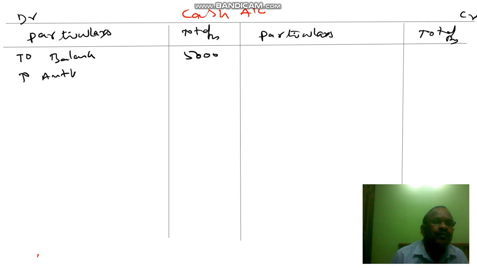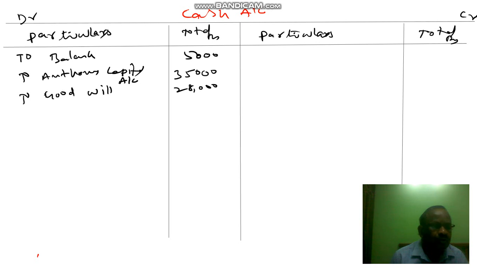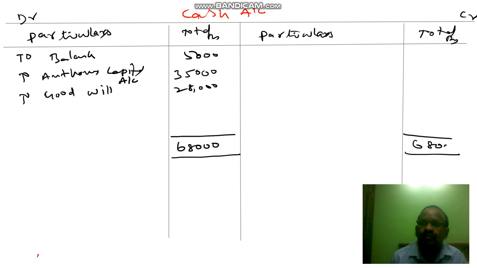Next is Anthony's capital account. When Anthony entered the business, he brought 35,000 as cash. He also brought 28,000 as goodwill, so that amount will also show here. The total is 68,000, by balance. It is the cash account.